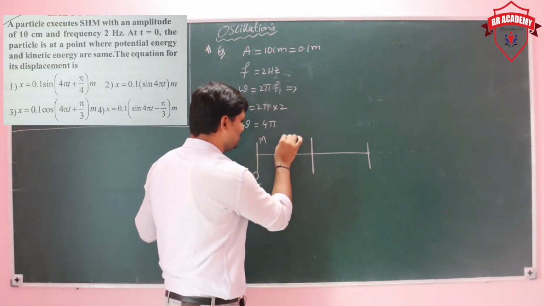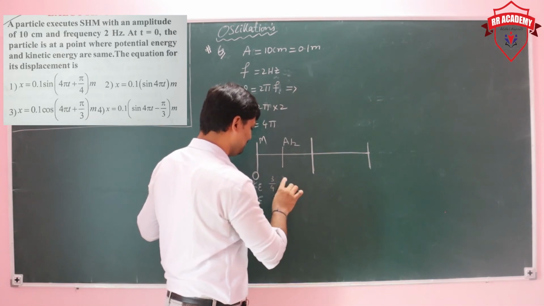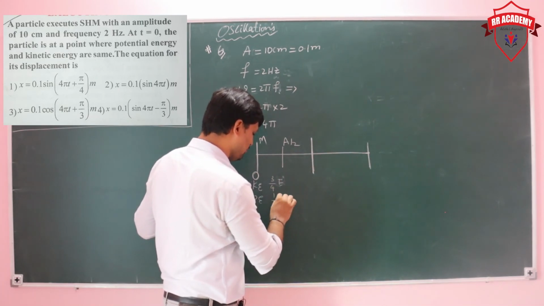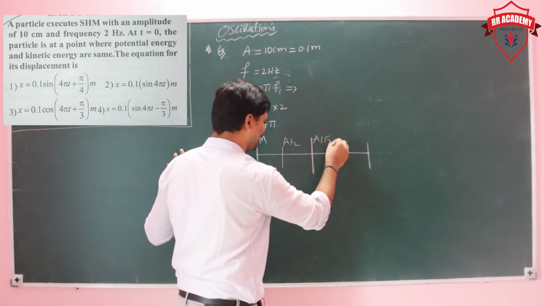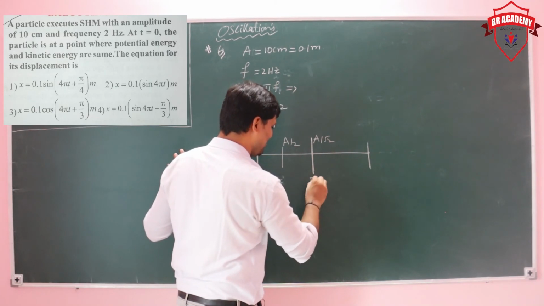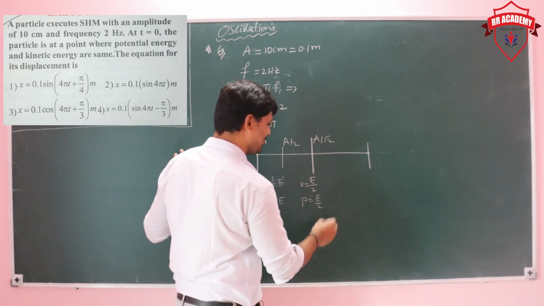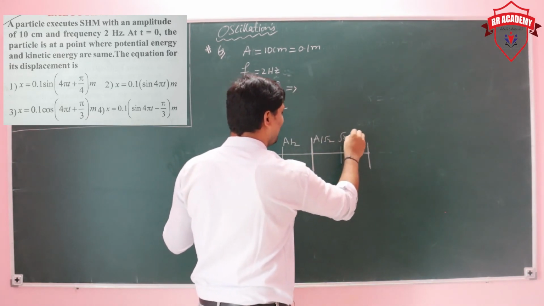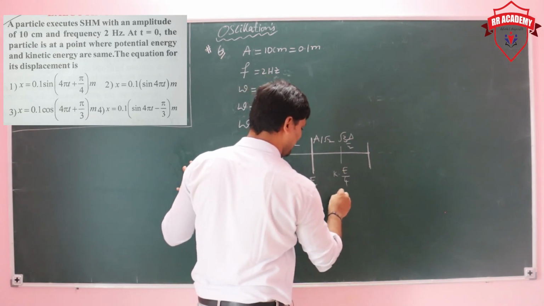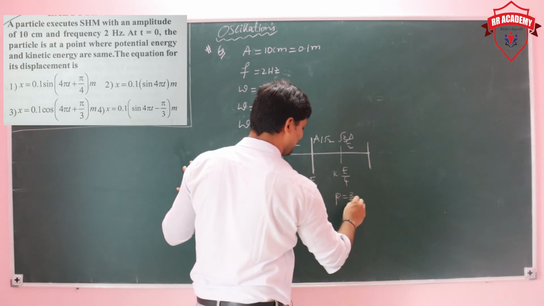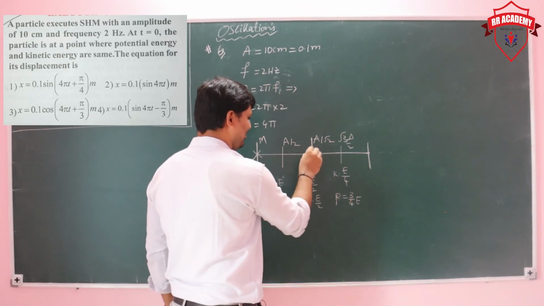At a by 2, kinetic energy is 3/4 of the total value and potential energy is 1/4 of the total value. At a displacement a by root 2, kinetic energy is half and potential energy is also half. At root 3a by 2, kinetic energy is 1/4 times, and potential energy becomes 3/4 times.